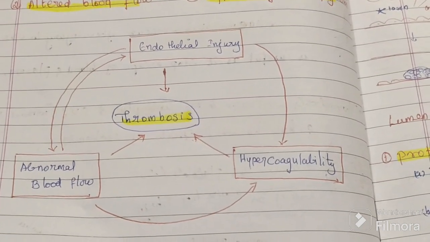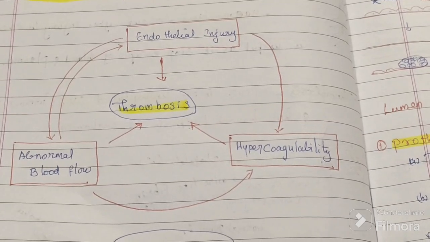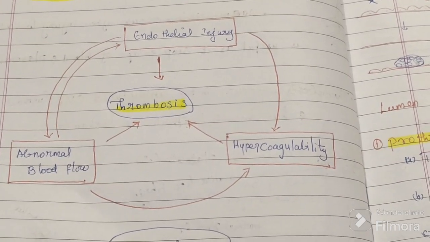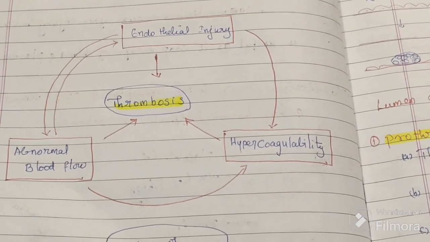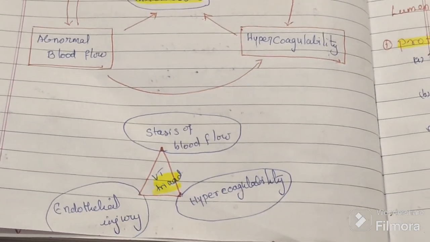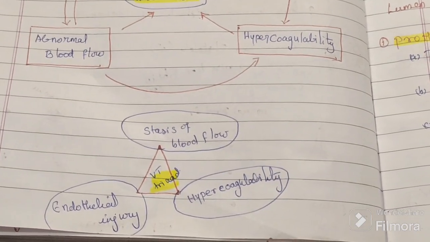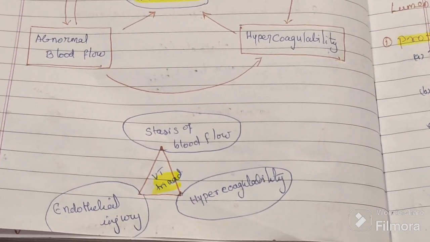So the Virchow triad explains the pathogenesis of thrombosis. He explained the predisposition to thrombus formation without injury. Three reasons. The first one is endothelial injury, not sub-endothelial, only endothelial injury.